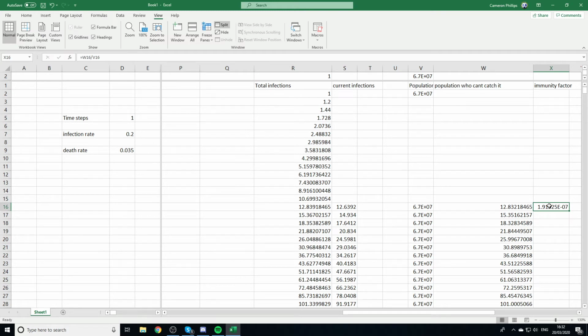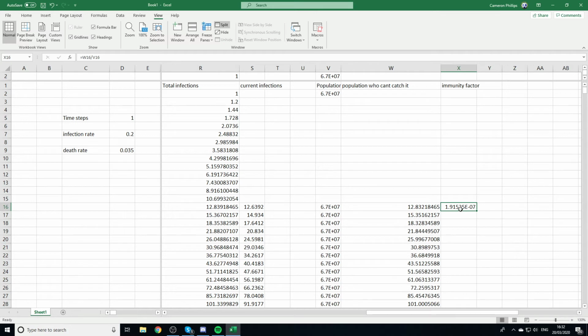Okay, now if that figure is very small, lots of people can get it, so we actually need what we call an inverse relationship here. So I'm going to put immunity factor 2 in here. Essentially what I want to do is put equals 1 divided by that number.